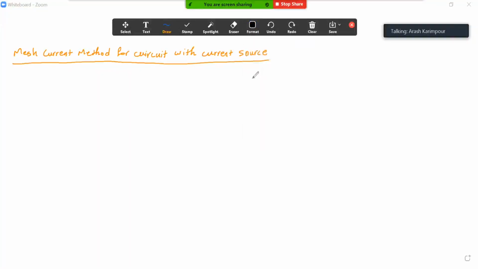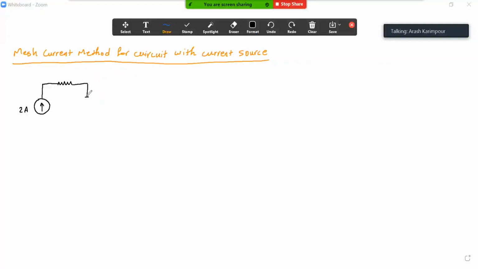Well, let's first start with a very simple example, and then we go to a little bit more complicated one. For the first, assume we have a circuit like that. We have the current source that has a 2 amp current, and then it's going to be connected to the resistor here.